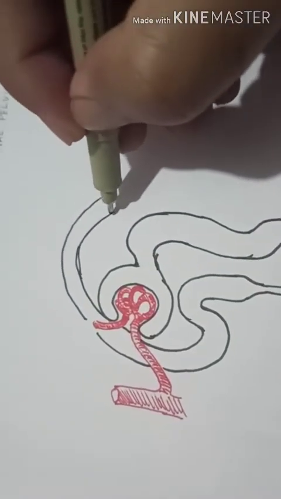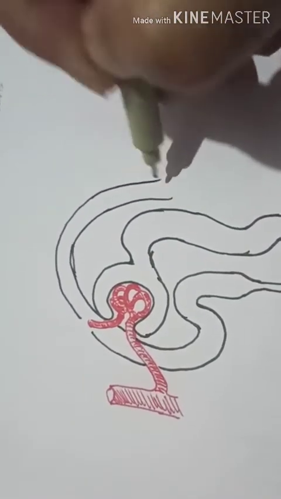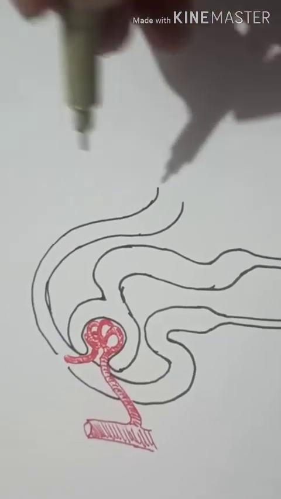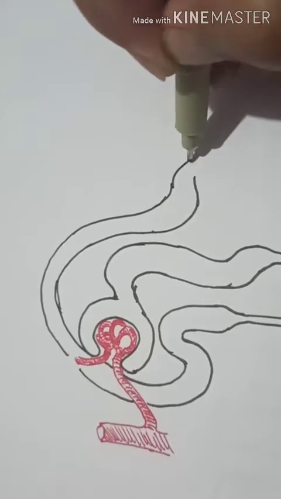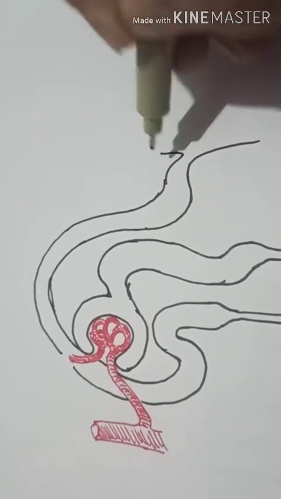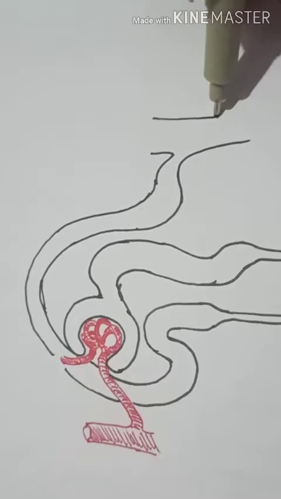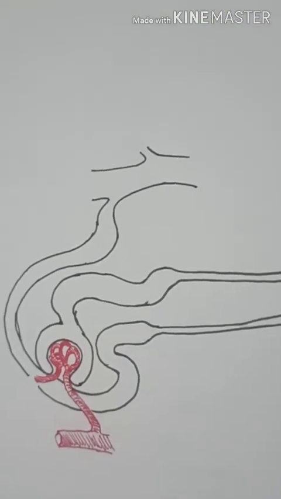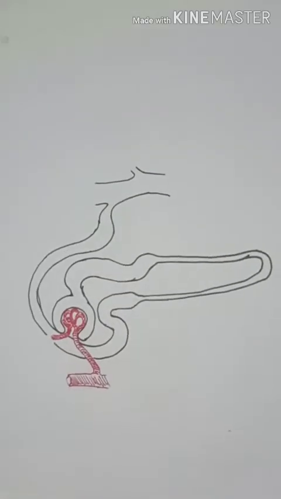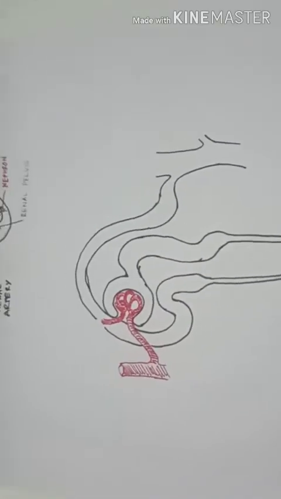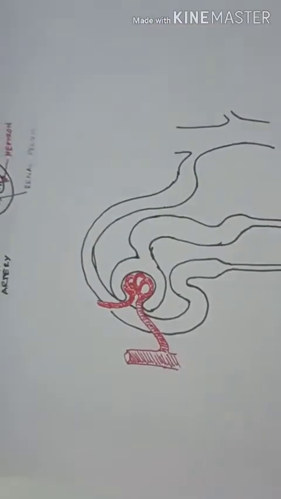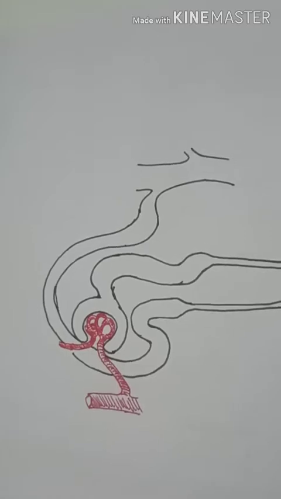Then this will make turns and will merge up into the collecting duct. Okay, this is how the structure of the nephron will look. Let me just improve this area a little bit.